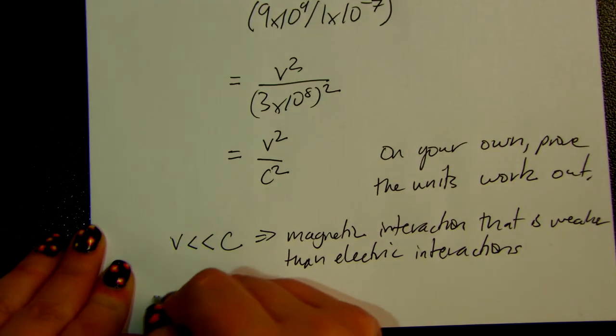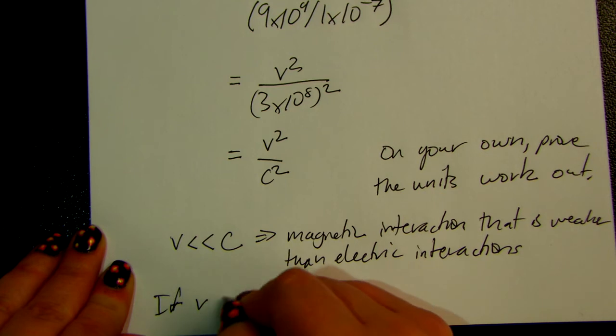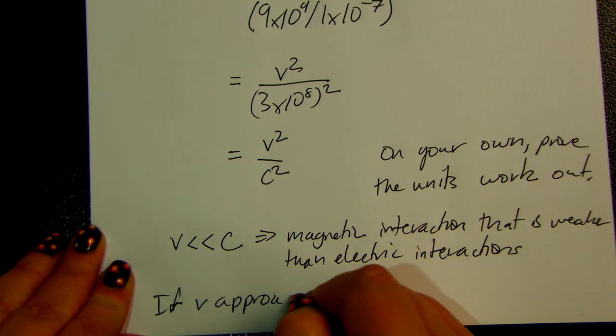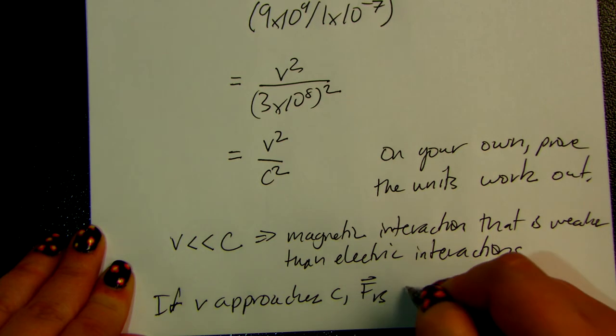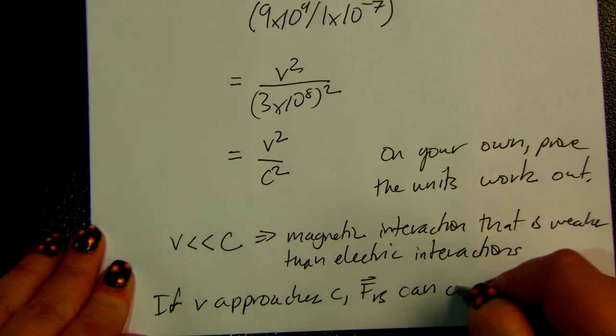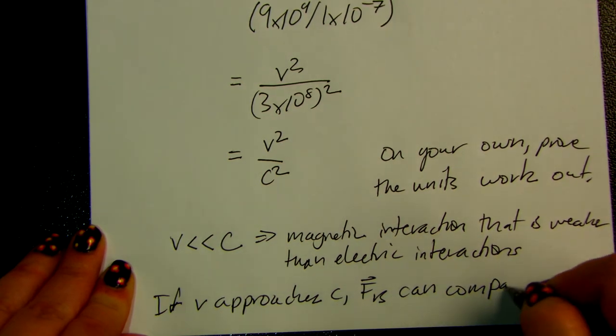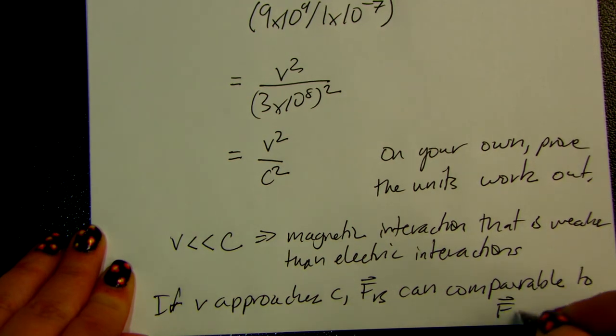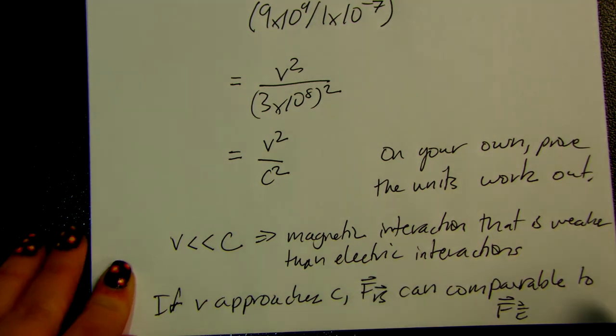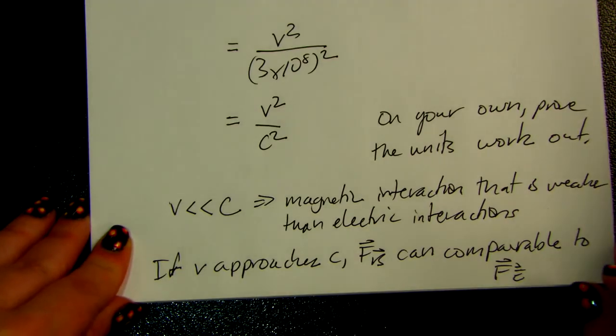And then if V approaches C, then the magnetic force can be comparable to the electric force. All right, so pretty cool.